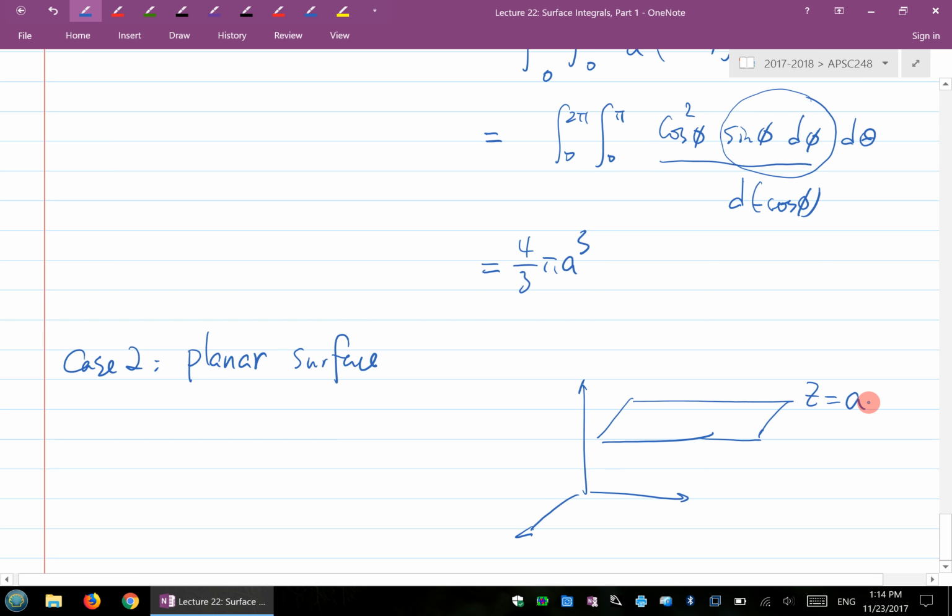That's what planar surface means here. It's a surface parallel to the xy plane, and then we can easily extend that to a surface parallel to xz or parallel to yz.